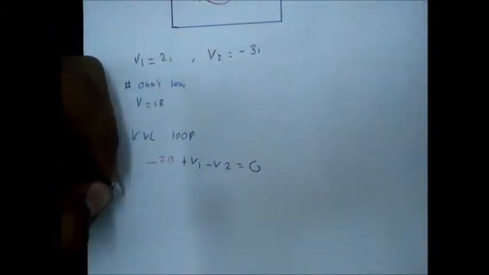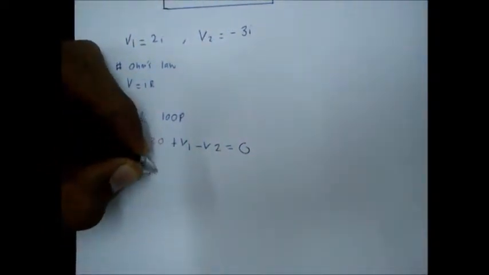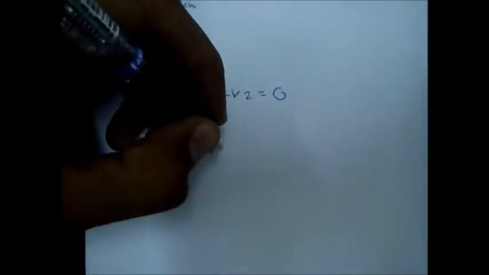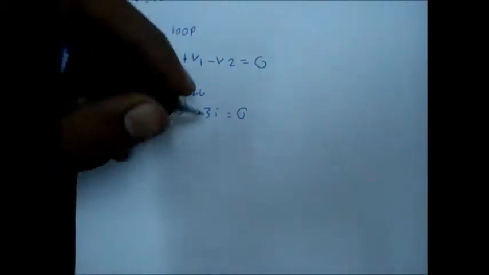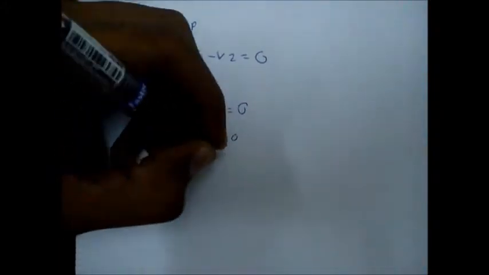By substituting into this equation, we get negative 20 plus 2i plus 3i equals 0. Calculating this equation: negative 20 plus 5i equals 0, so 5i equals 20, i equals 20 over 5, i equals 4.